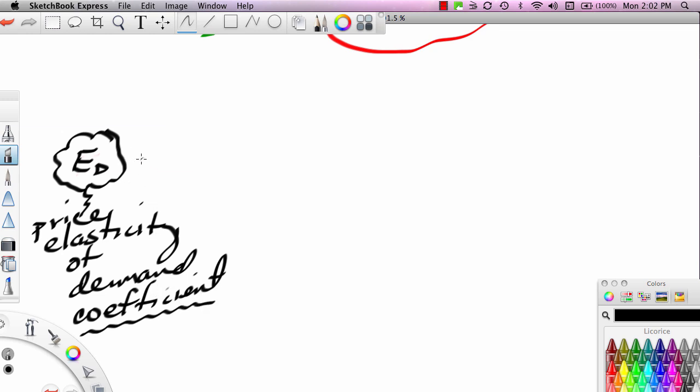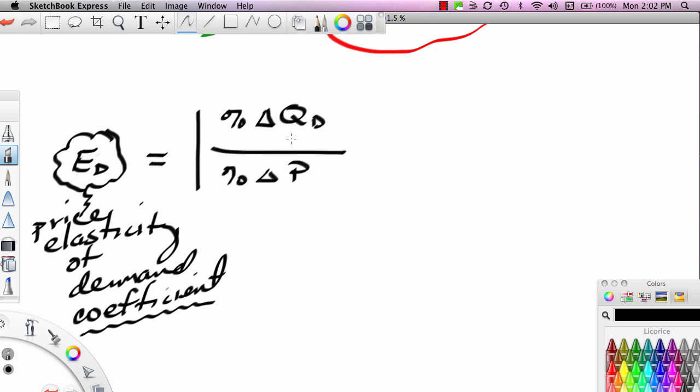So we're looking for a number that will give us some indication of whether buyers are sensitive to price, insensitive to price, or neither. The basic idea is to take the percentage change in the quantity demanded and compare it to, divide it by, the percentage change in price, and take the absolute value of that number.